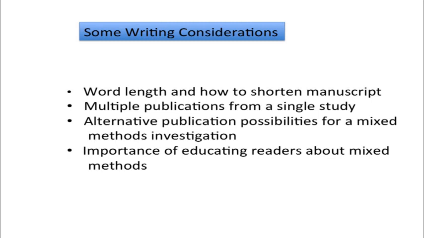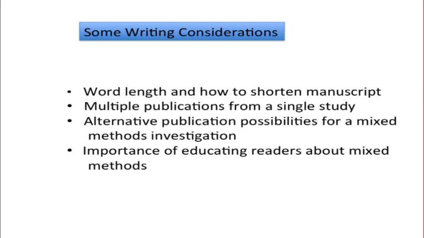Well, this was a luxury in the publishing world to be able to put forward a manuscript of that length. So you need to think about the word length being required, and if you're working with a journal that has a reduced word length, such as 3,000 to 6,000 words, how you're going to shorten that manuscript.